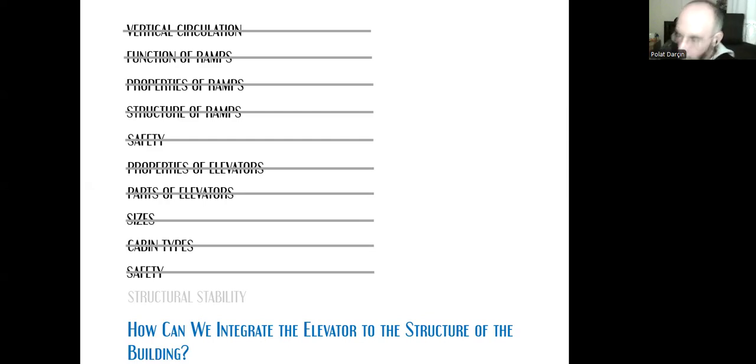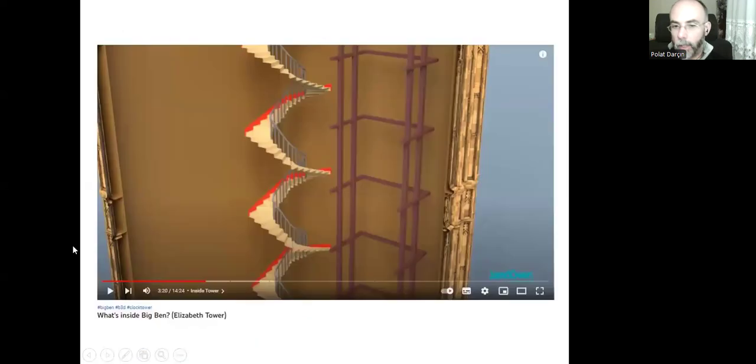It needs to hold, it needs to meet and carry our loads, but it needs to transfer all these loads somewhere. Most probably it needs to be connected to the structural system of the building, but not necessarily, because we can create a steel structure or a timber structure, a separate structure for the elevator.